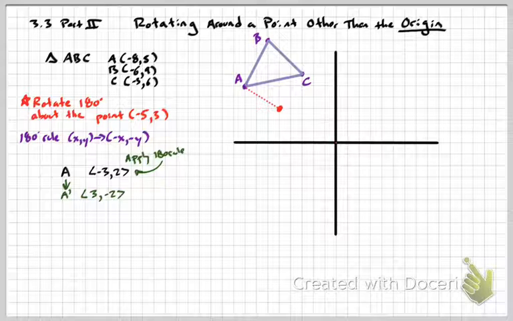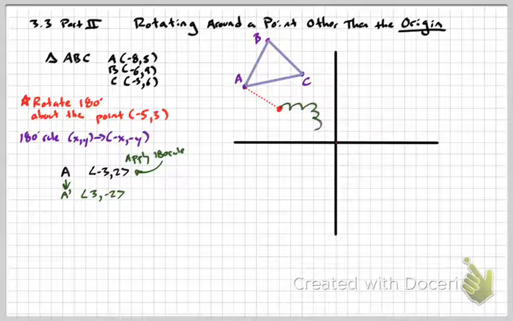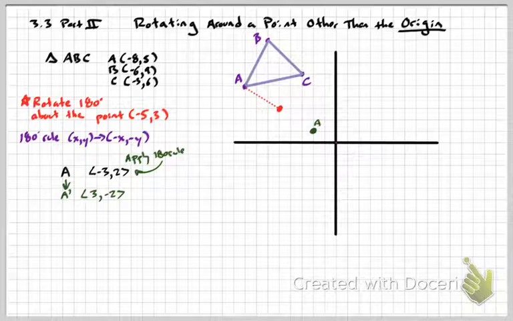So what we do is we go this vector, we start from our center of rotation, and we translate 3, -2. 1, 2, 3, 1, 2. To this point right here. Now notice that's a 180 rotation, right? So if I draw a line, it should be exactly straight, and hey, it works out just fine, okay?